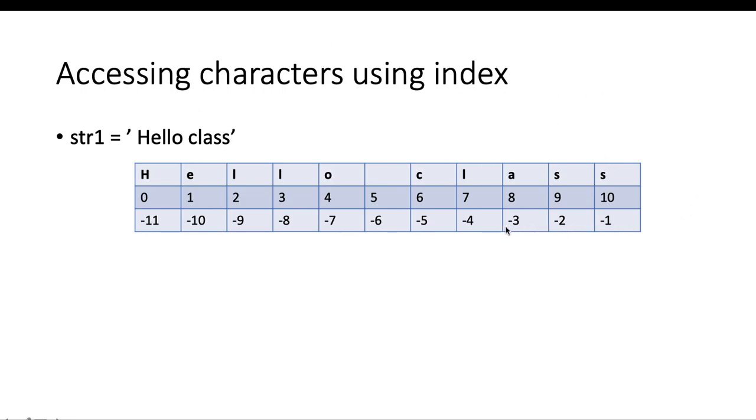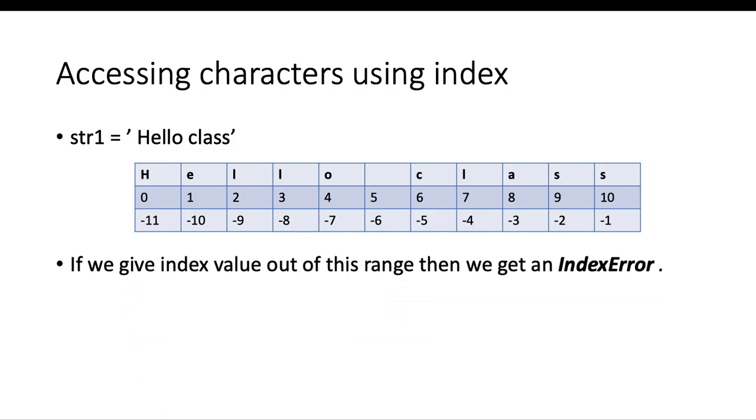So -1, -2, -3, -4, -5, like that till the start of the string. So we can access a character of a string using an index, either positive or negative. Positive starts from 0 to the last of the string, and negative starts from the last, -1, and so on.